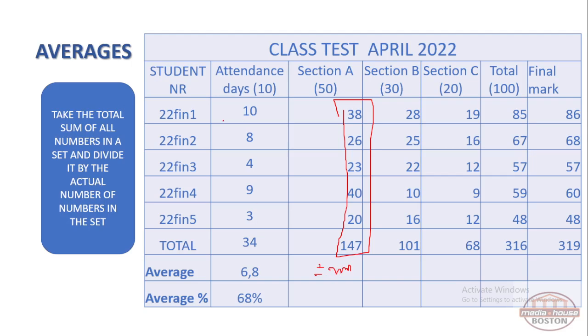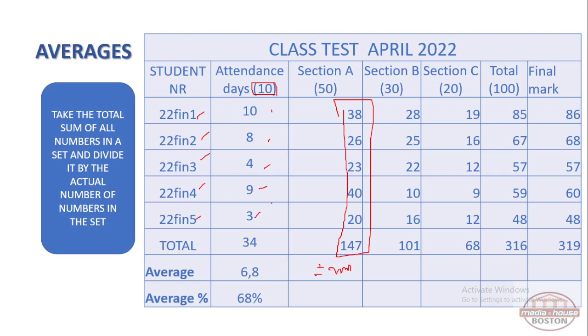So if we take a look at attendance days within this class test report. Here it says attendance, there were 10 days to attend class, and these are the students: student 1, student 2, student 3, student 4, and student 5. Student 1 attended 10 days, student 2 attended 8 days, student 3 4 days, student 4 9 days, student 5 3 days.